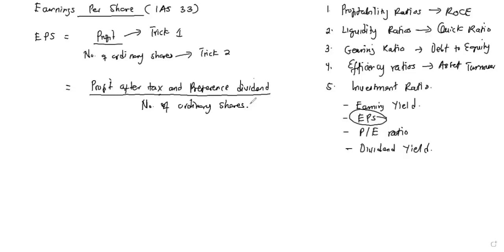Now let's look at the second trick. Let's assume that you have a profit of, let's say, 100,000 and your number of ordinary shares is, let's say, 200,000 shares. How much are you getting as earnings per share?